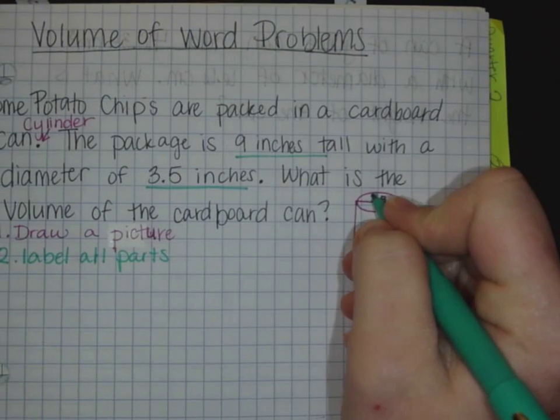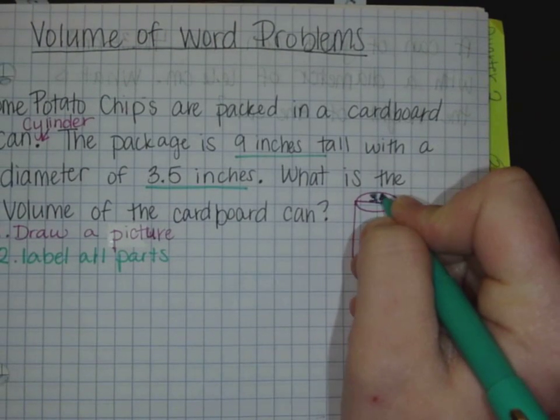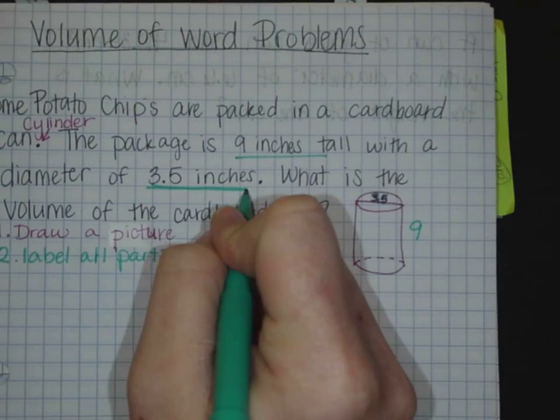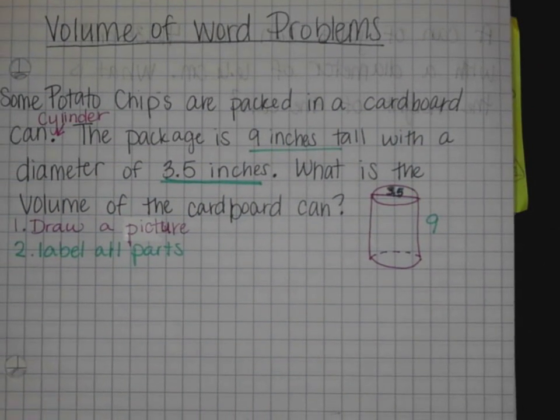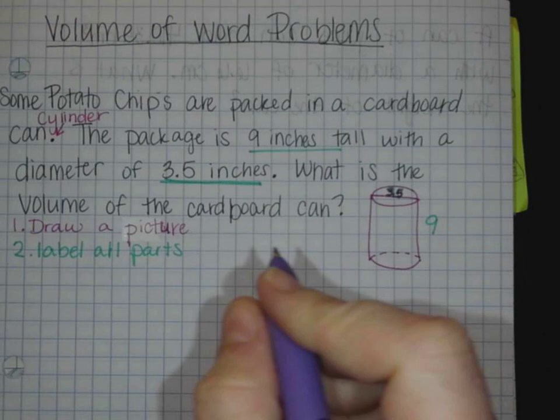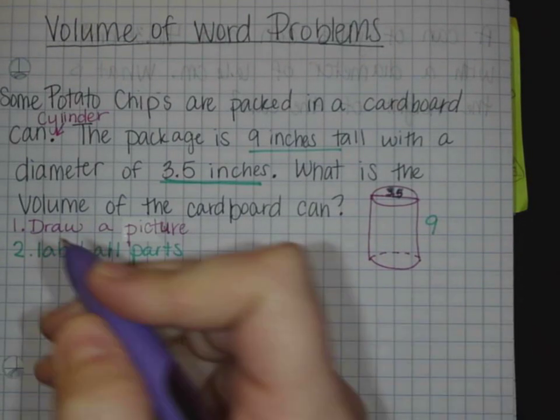And again, that's 3.5. That's just that number right there. Okay. So then once we've labeled, then you're of course going to try to find what you're looking for.